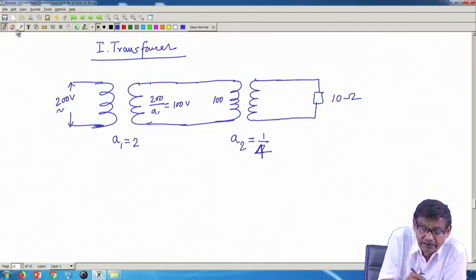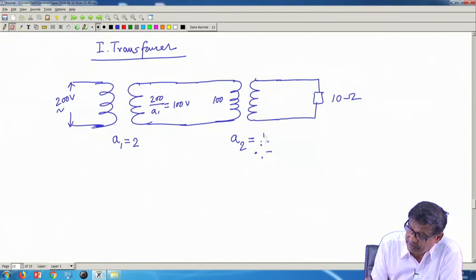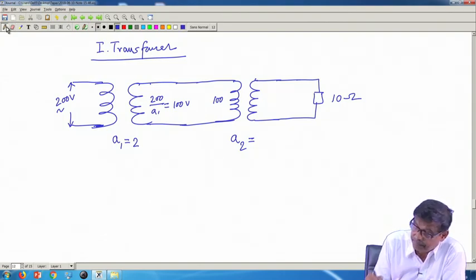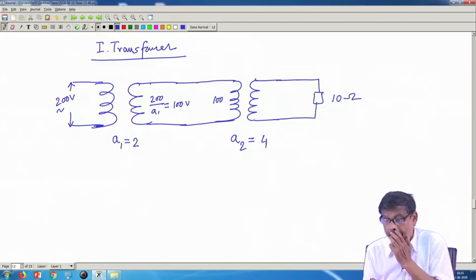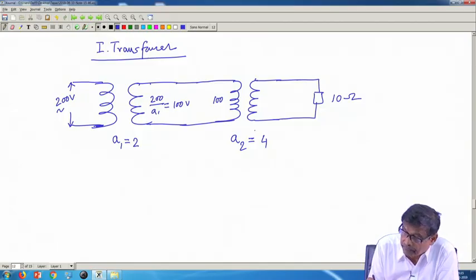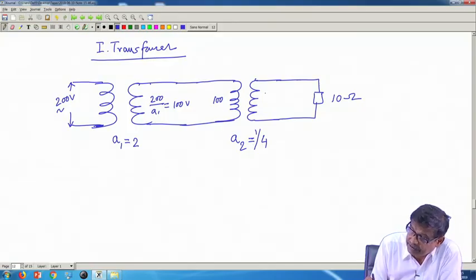This transformer is having a turns ratio of 1 by 4. What will be the voltage here? It will be 100 by A2, 1 by 4. It will become 400 volt.